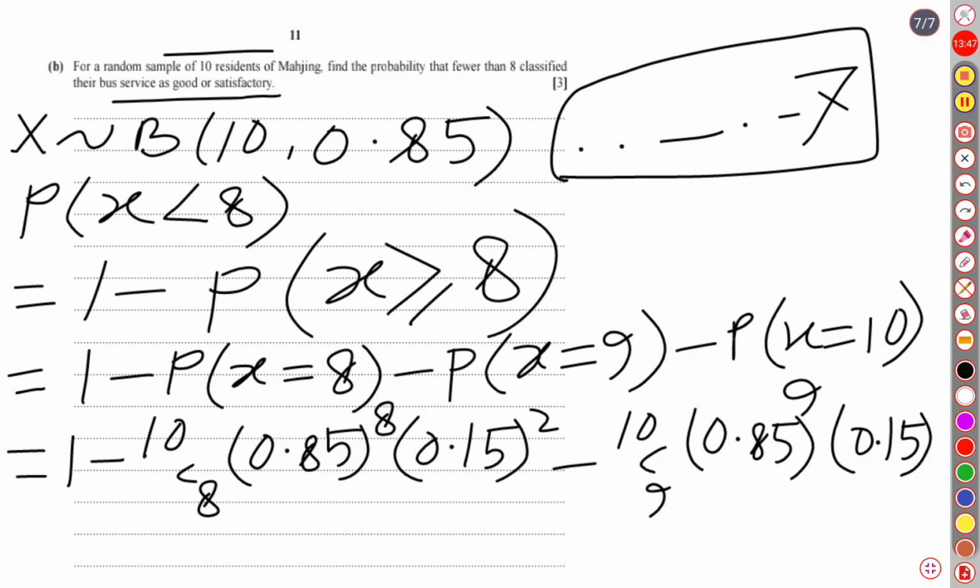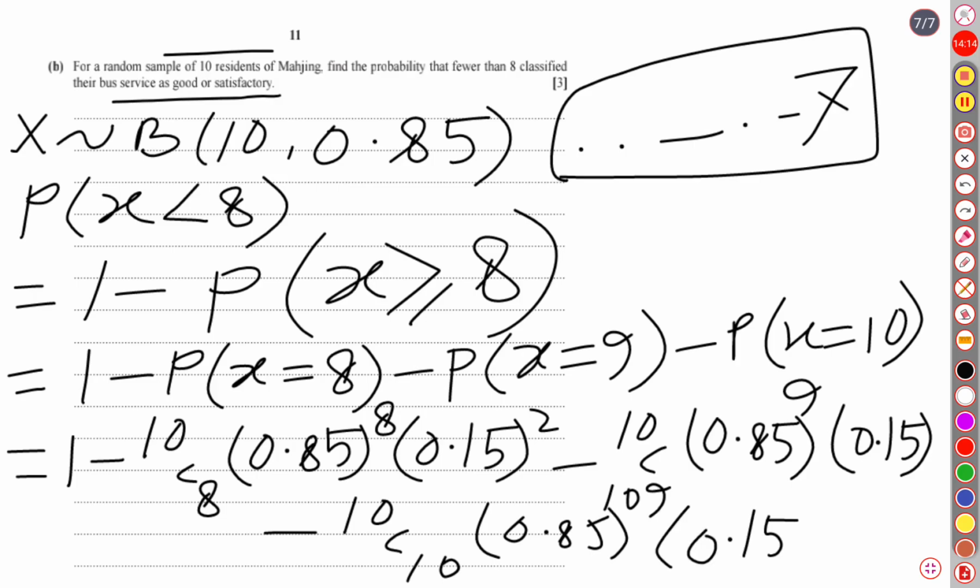Then another one is minus 10 choose 10, probability of 0.85 raised to 10. If P is raised to 10, then Q will be 0.15 raised to 0.